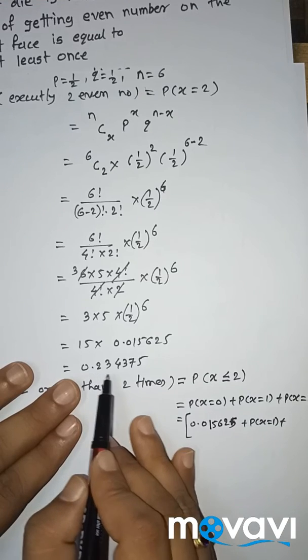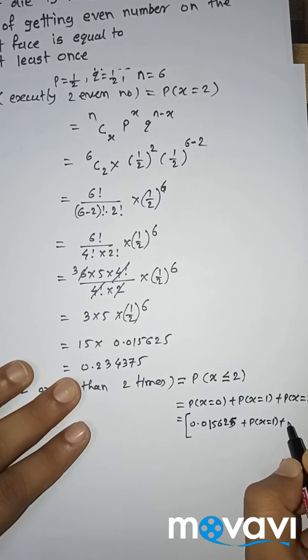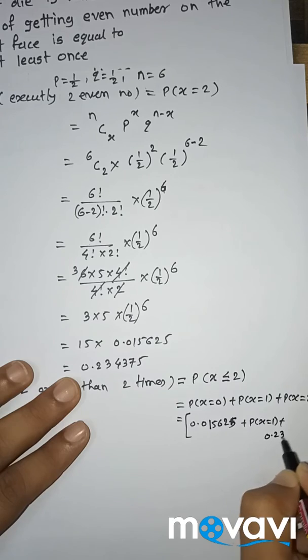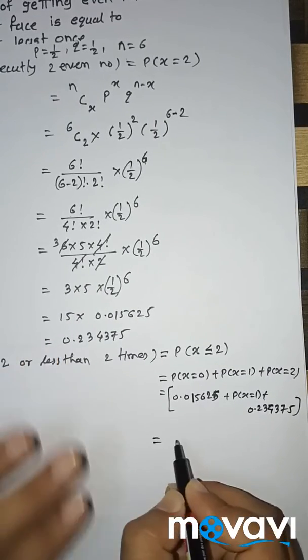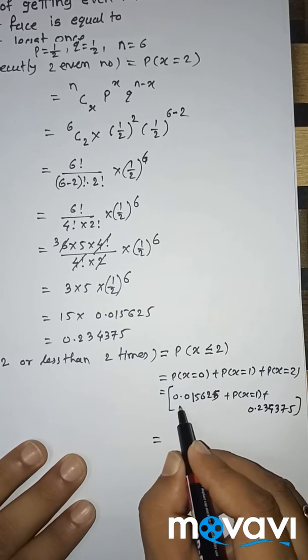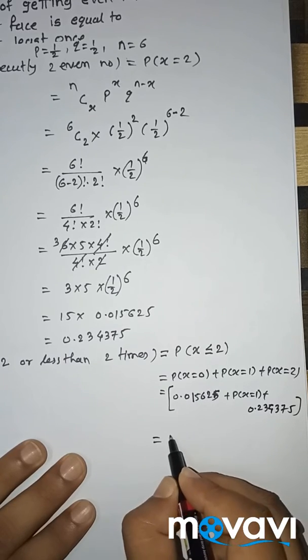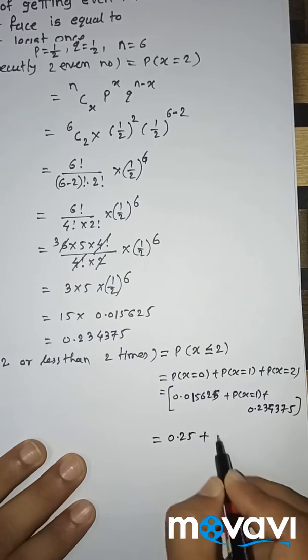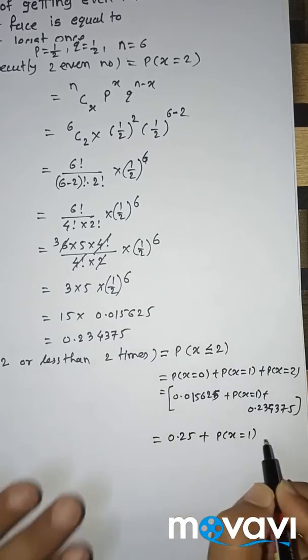which is 0.234375. If we add this value and this value we get 0.25 plus probability of x equal to 1.